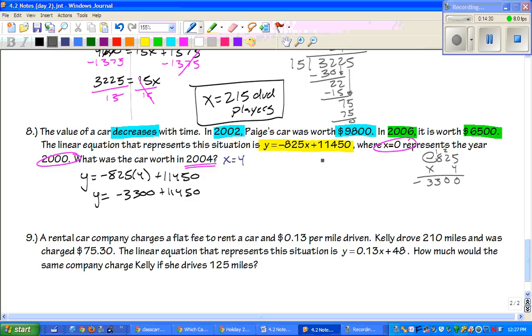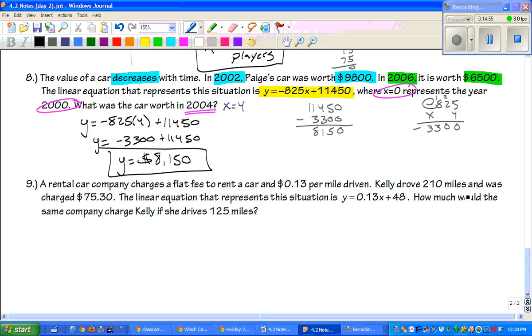And now we have to combine those two numbers. And that's subtracting. So 0, 5, 1, and then 8. So the total of the car after 4 years would be $8,150.